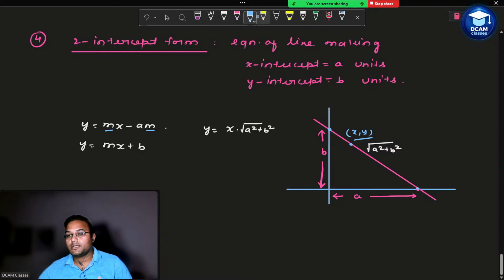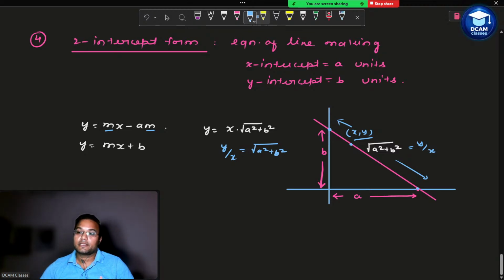That I am not able to understand. You can't just equate y by x with root over a square plus b square. What is the meaning of this? It means this length is actually equal to y by x. But how are you doing it? That's the problem. Yes, na? So not logical. So it is wrong.